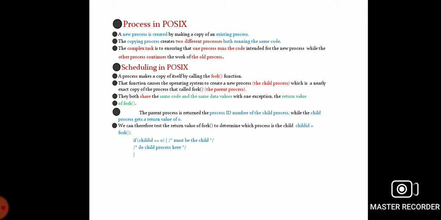We can therefore test the returned value of fork to determine which process is the child. So if child ID is equal to 0, it is the child. So the child condition is child ID equal to 0.